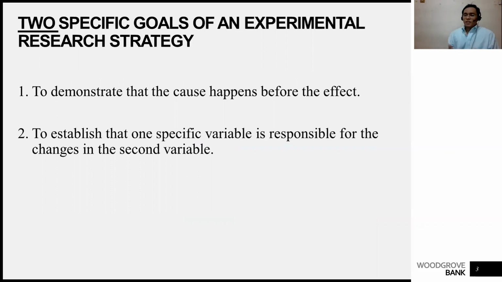Okay, these goals are very important because in the process of the experimental research strategy, there are so many variables and factors to be observed that there are times that the researchers are confused or fail to determine which is the cause and which is the effect.